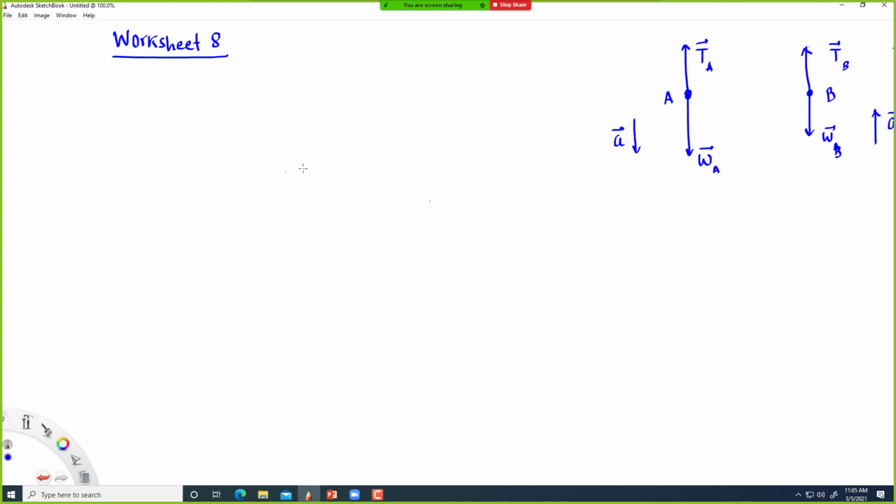So next thing is we want to define the coordinates, and I recommended last time we define the coordinate in such a way that the positive would be along the direction of acceleration.